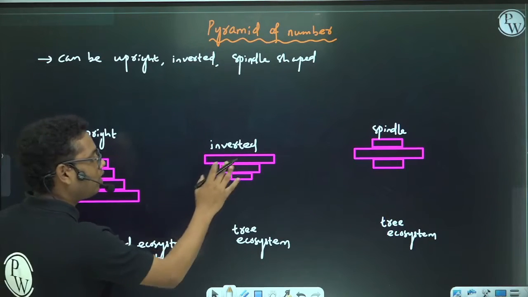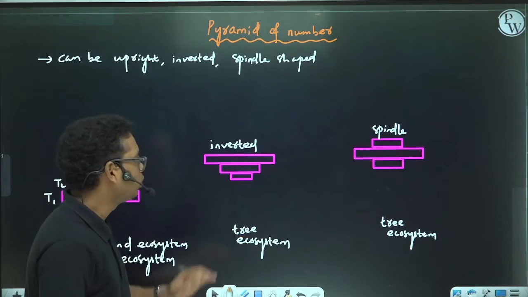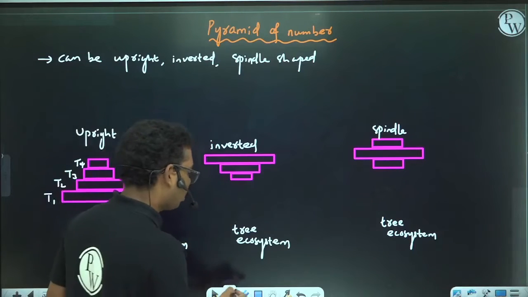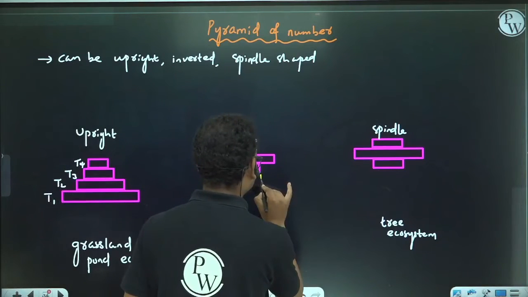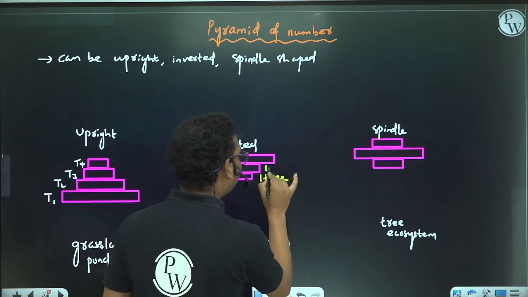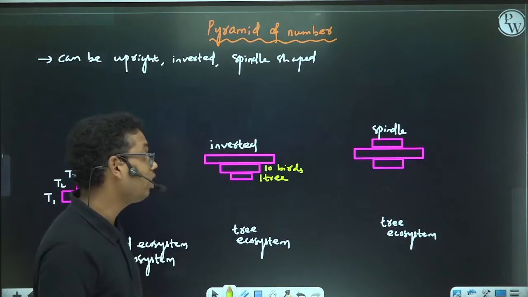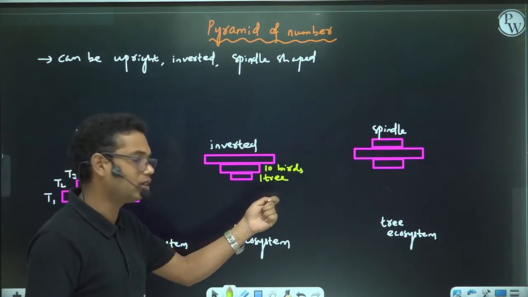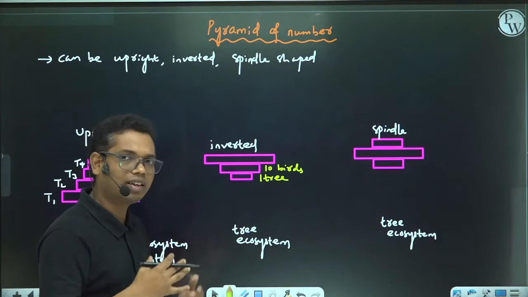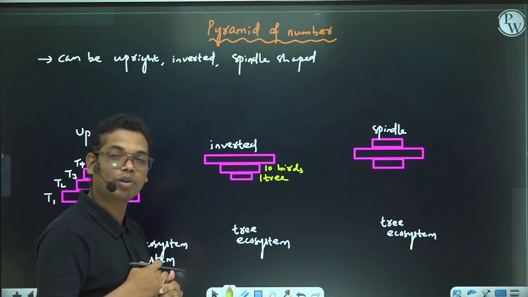Okay, so what about the inverted? This is found in a tree ecosystem, and the spindle shape is also found in a tree ecosystem. So let us take one tree, and on that tree, suppose 10 herbivorous birds are present. On each herbivorous bird, suppose 30 parasites, lice, are present.